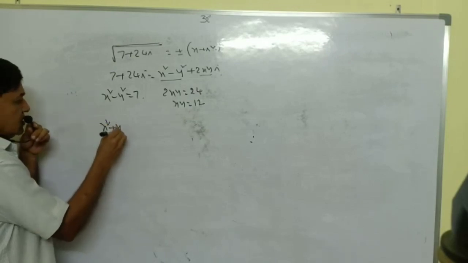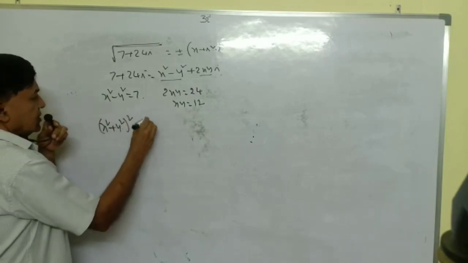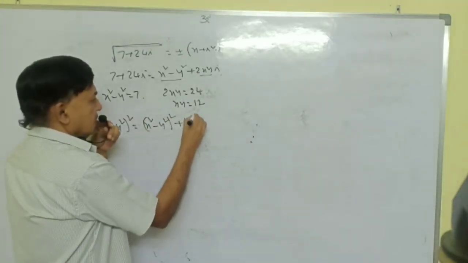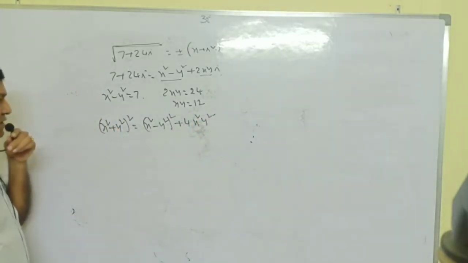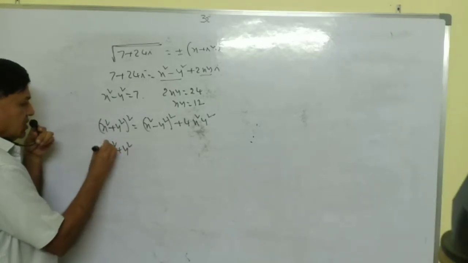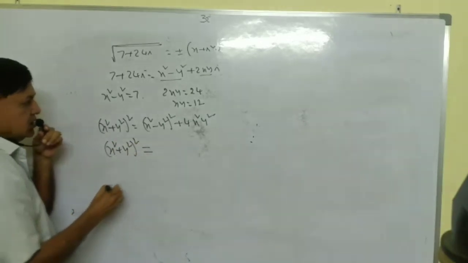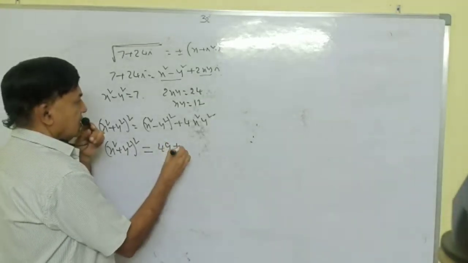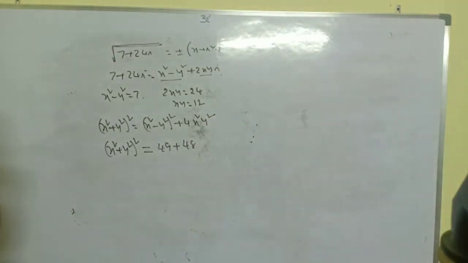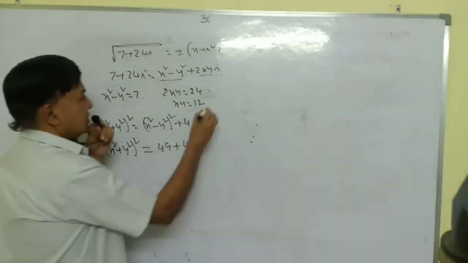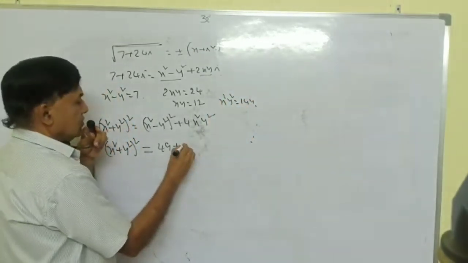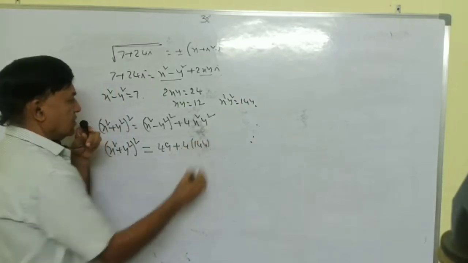X square plus y square whole square is equal to x square minus y square whole square plus 4x square y square. So you are going to get 49 plus 4 into x square y square, which is 144.